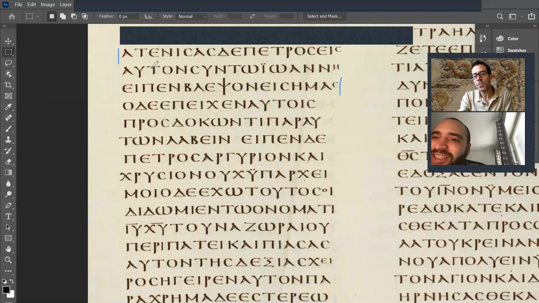Is this the real manuscript, or did they make it after the manuscript? Okay, so basically, this is a photograph, a facsimile of the real manuscript.